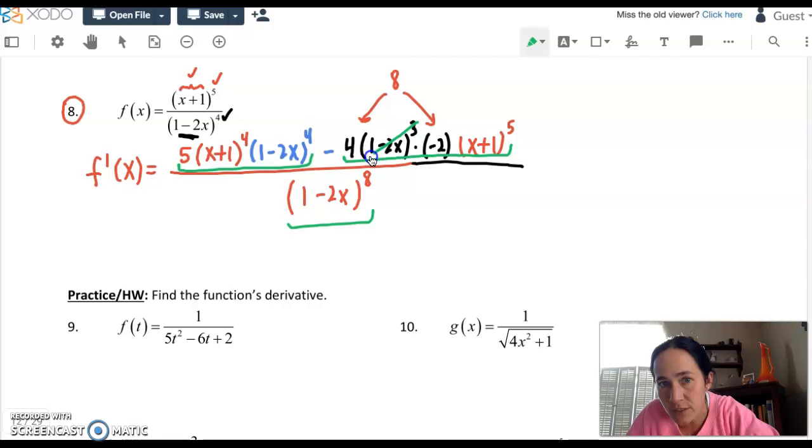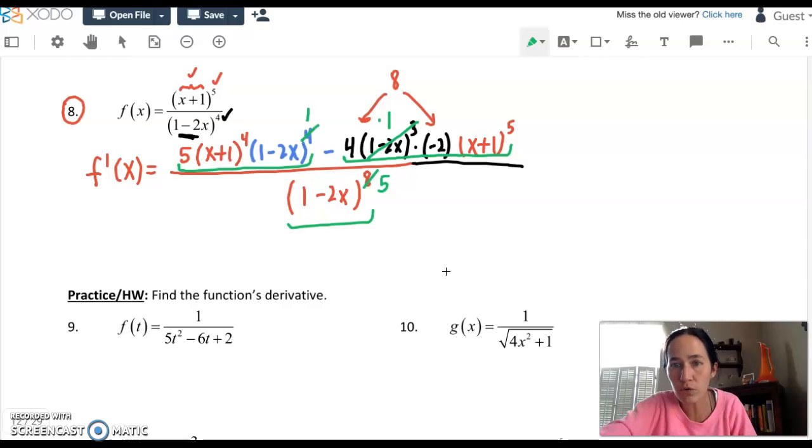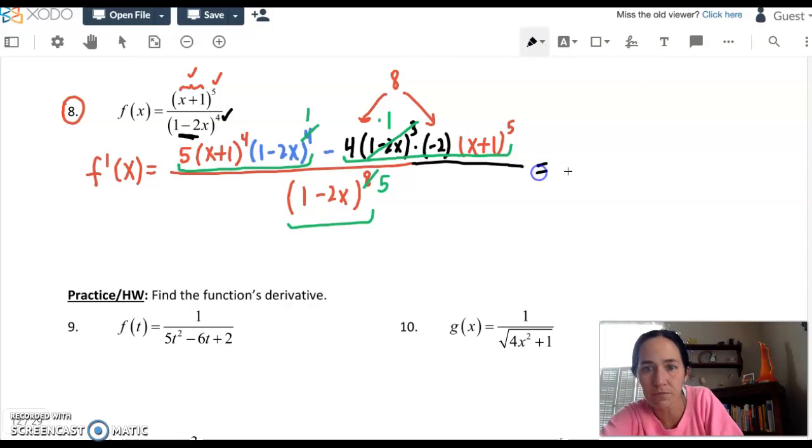I can get rid of this completely, leave a 1 in its spot. I can cross off 3 of those 4 and leave only 1 left over. And then I had 8 of these on the bottom, I can get rid of 3 of those as well, leaving the fifth power here. So I want to show you another way that you can optionally write it as a simplification option.